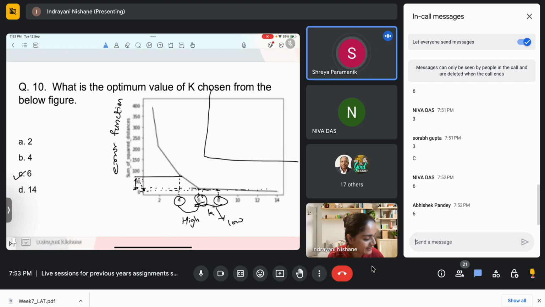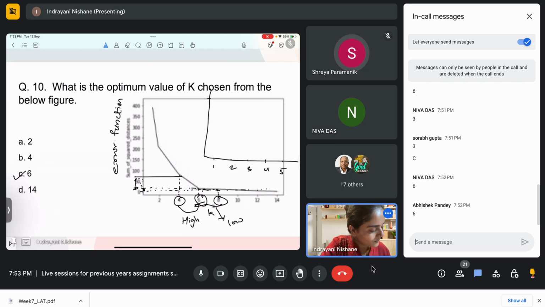Yes, ma'am. So let us consider 1, 2, 3, 4 and 5 on the x-axis. For 1 let us say 25. For 2 let us say there is 16. For 3 let us consider 9.